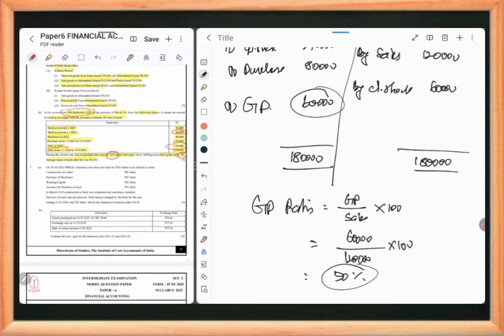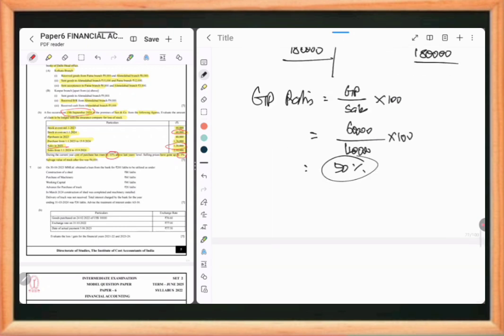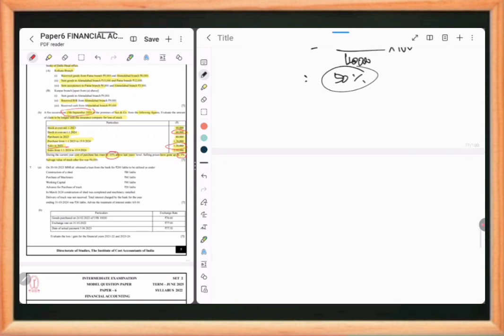So we found out the gross profit ratio. Now we have to find out the memorandum trading account, in order to find out how much claim on the date of fire. The space is much required.